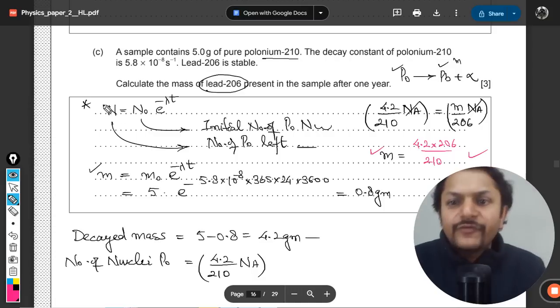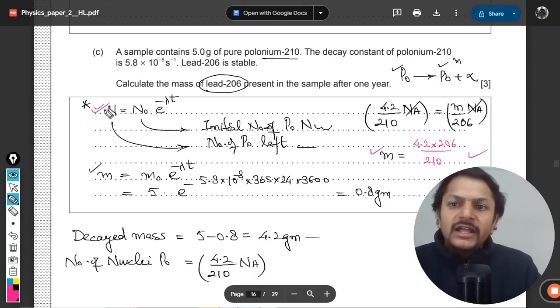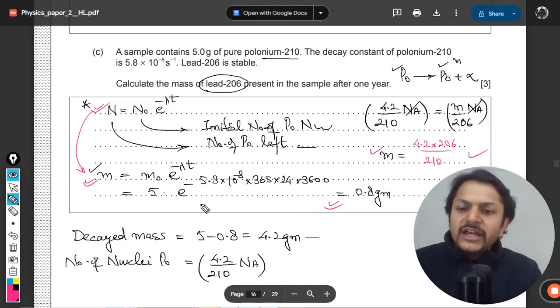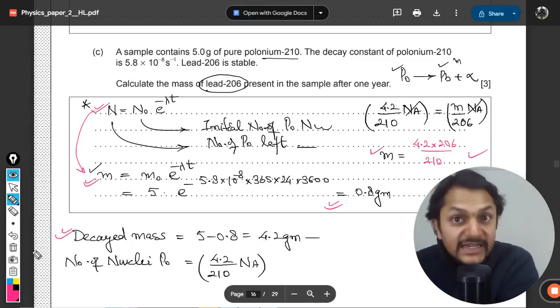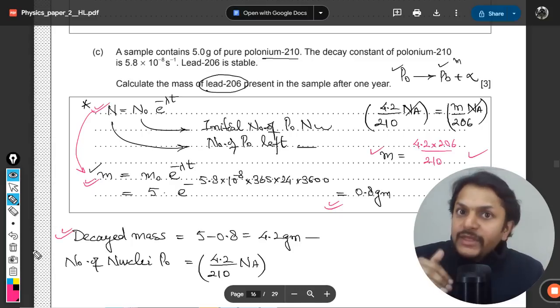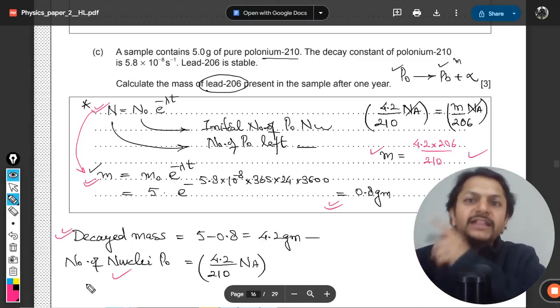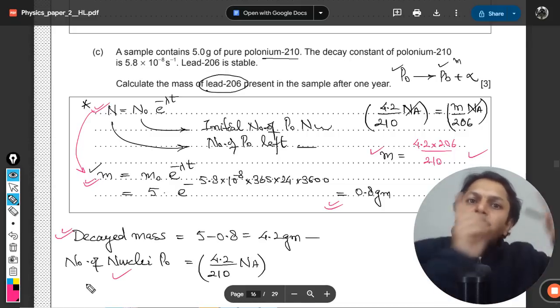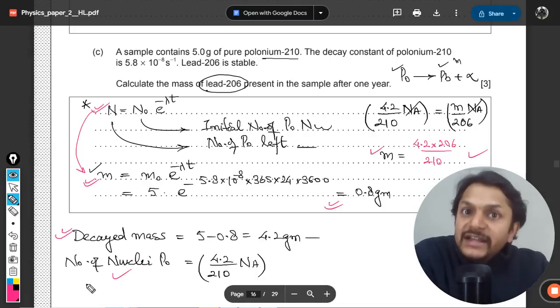The concept is that first we apply this formula, then we convert it into the mass. We first find the total mass of the polonium which has decayed, and from that we find the number of nuclei that have decayed, because we know that the number of nuclei of the polonium decayed is equal to the number of nuclei of the lead created.